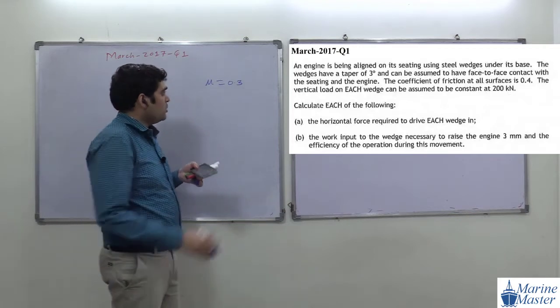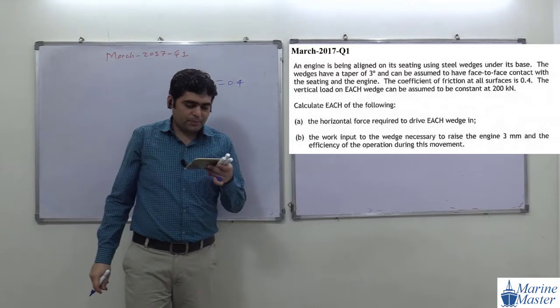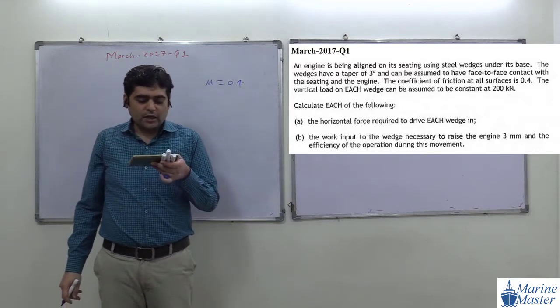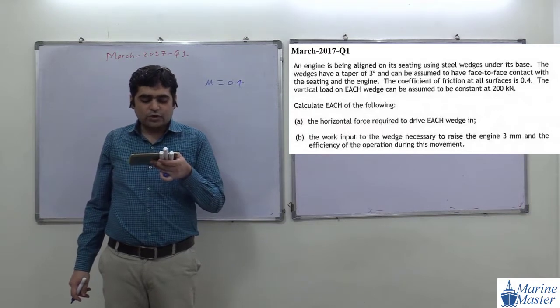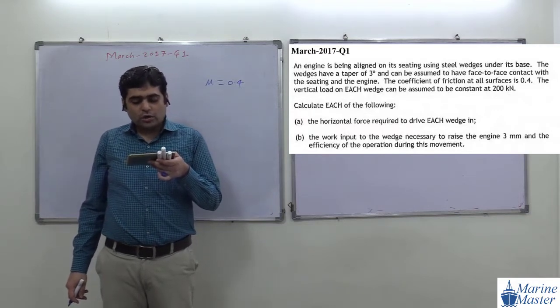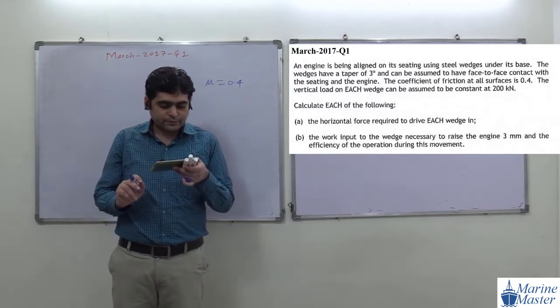Sorry, not 0.3. The coefficient of friction is 0.4. The vertical load on each wedge can be assumed constant, and the load is 200 kilonewton.